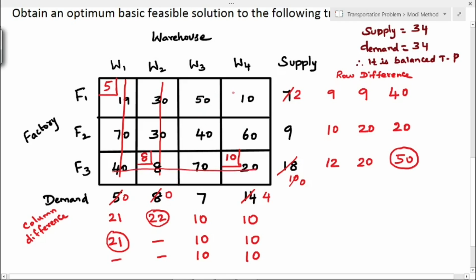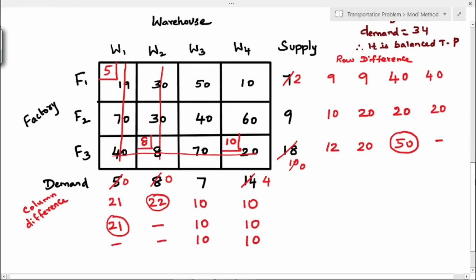Next we have only 4 values. So again you have to find the difference. 50 minus 10, 40, and this is again 20, and here we don't have values. Similarly here, 10 and 60 minus 10, that is 50.